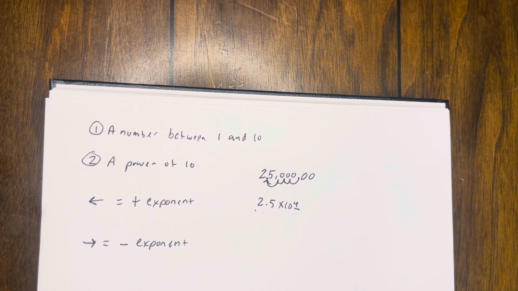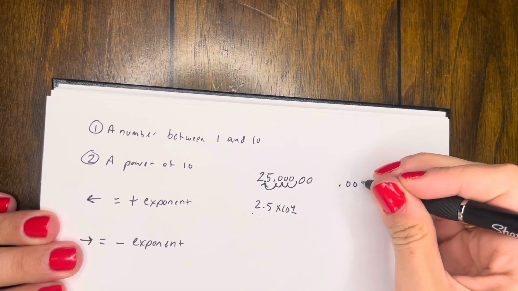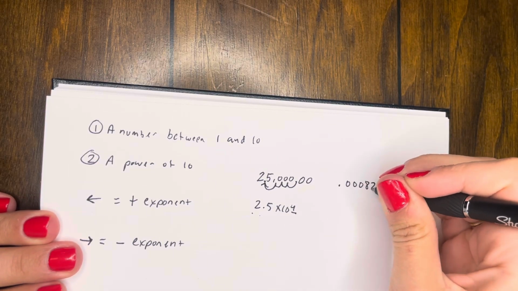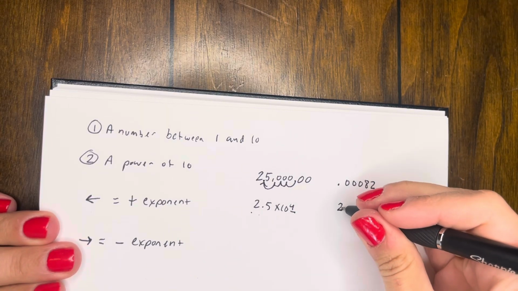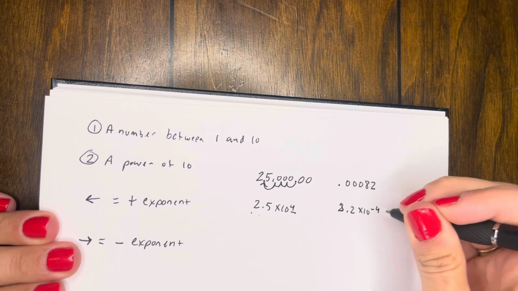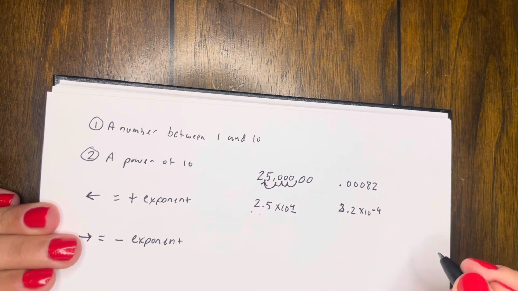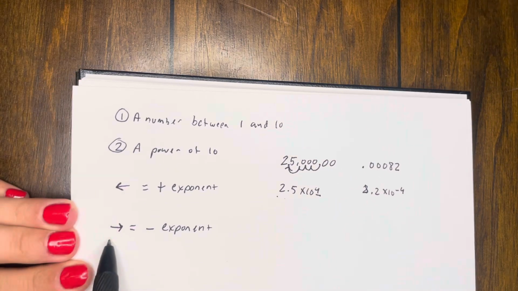Now, let's say you have a number such as 0.00082. That would end up being 8.2 times 10 to the negative fourth. How does this happen? Well, we have the decimal point over here, and we are moving it to the right.